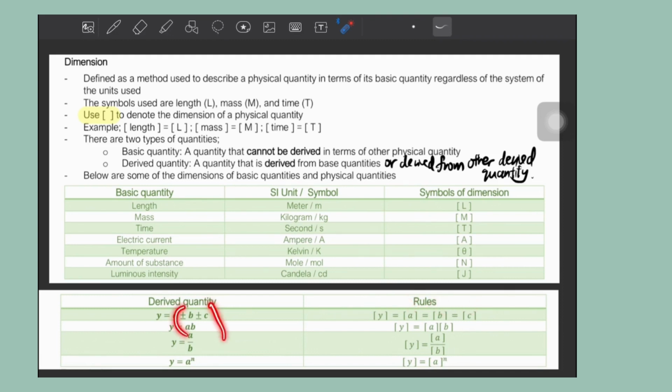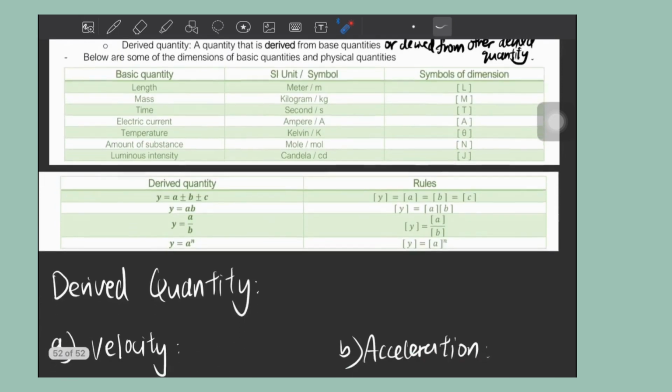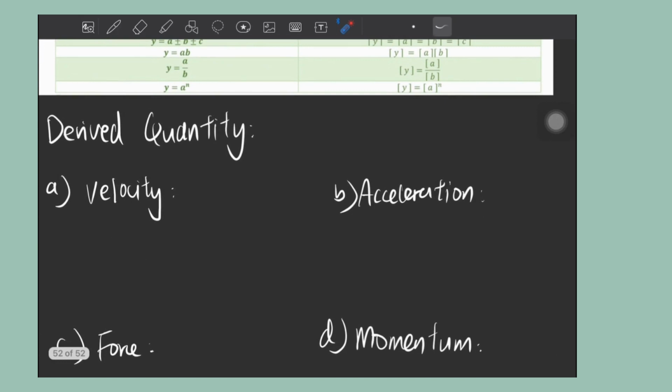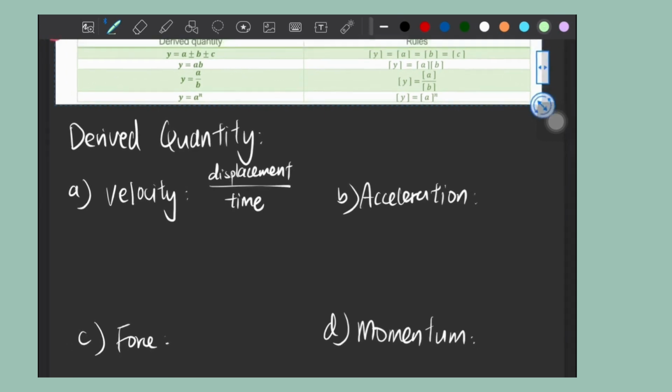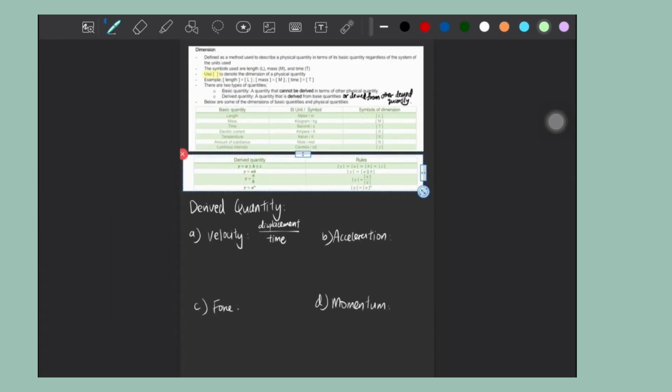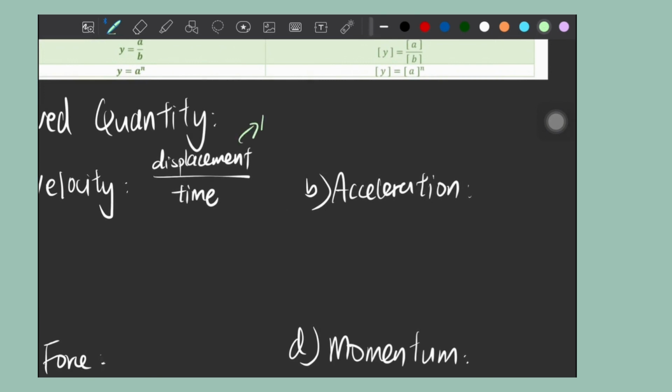If they are multiplied, the dimensions will be multiplied. If it is over, they will be over. If it is a power of an index, it will be the power of the index. So let's do the derived quantity. We know that velocity is displacement over time, right? Displacement we can relate with length.